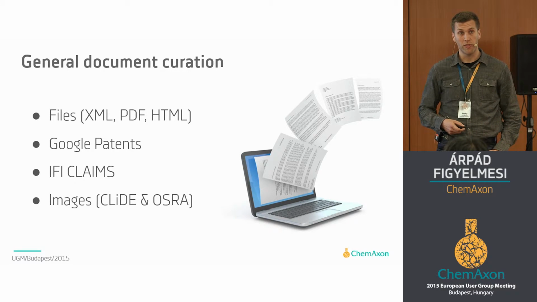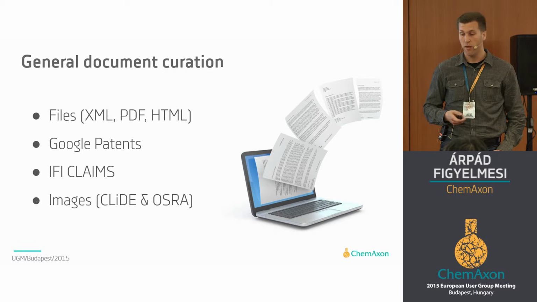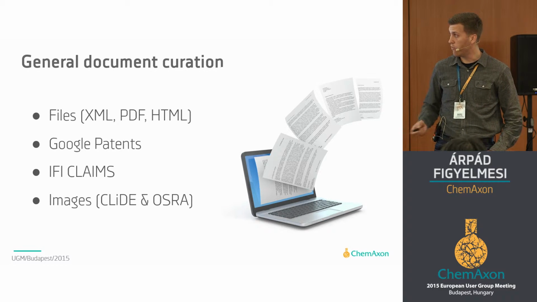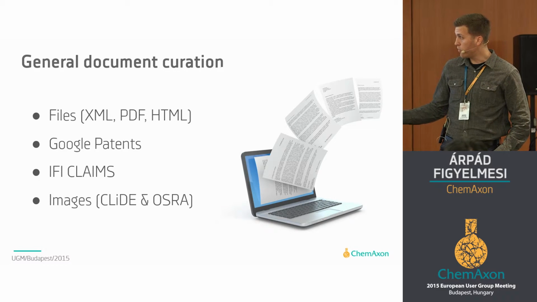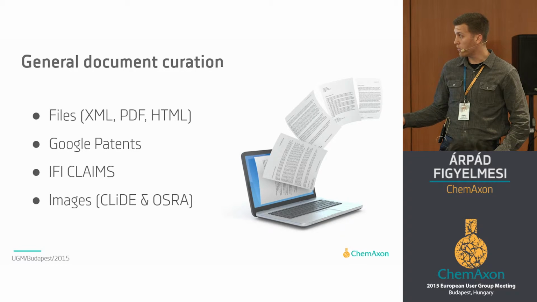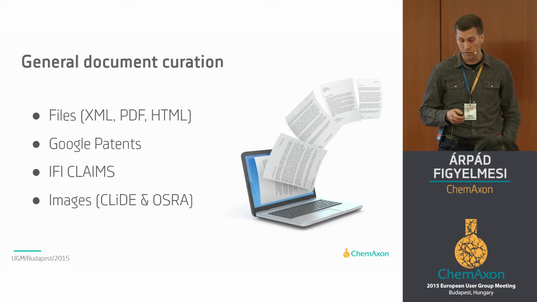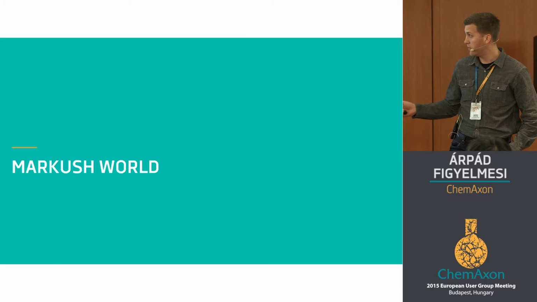You can import documents directly from Google Patents, or if you have access, you can import from IFI Claims. Based on third-party OSR tools, you are able to recognize and annotate not only the text-based information, but also the images inside the documents.